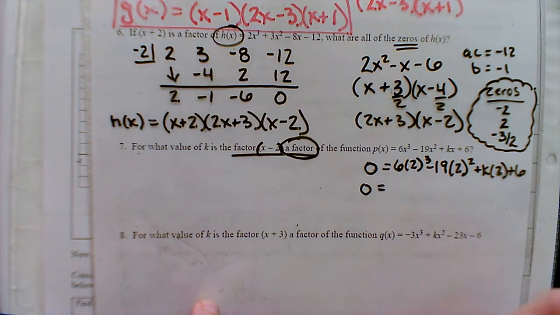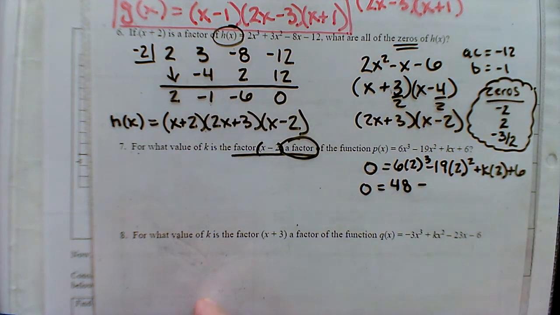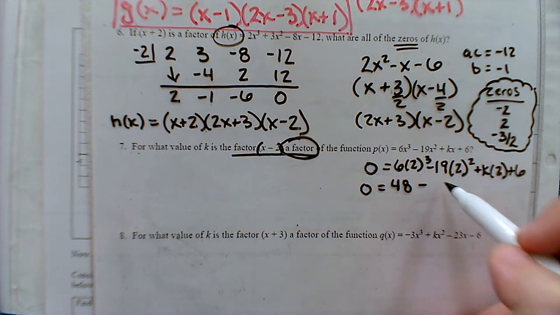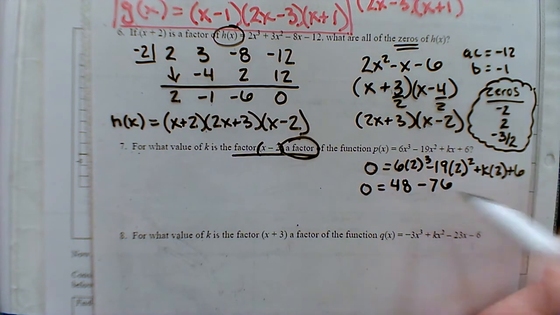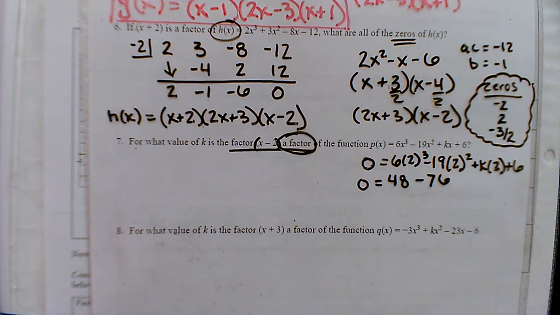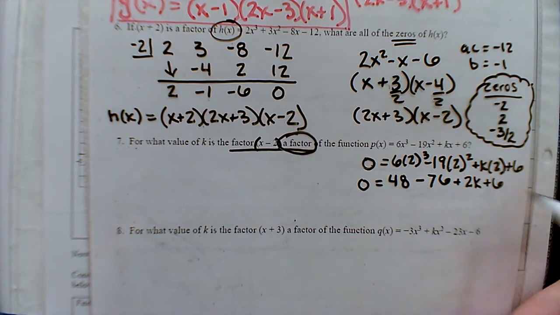Let's see, 2 cubed is 8. 8 times 6 is 48. 2 squared is 4 times 19. I think that's 76. Plus 2k plus 6.